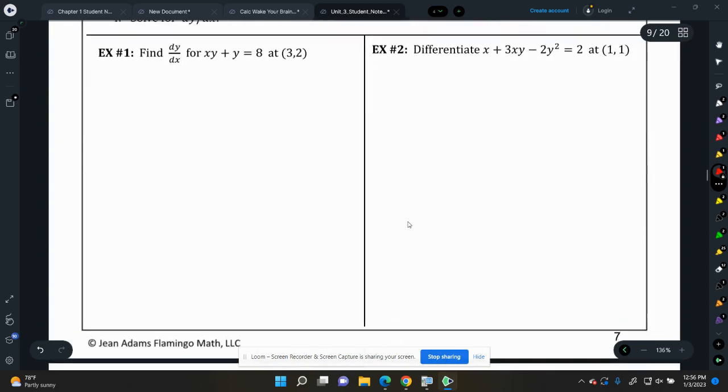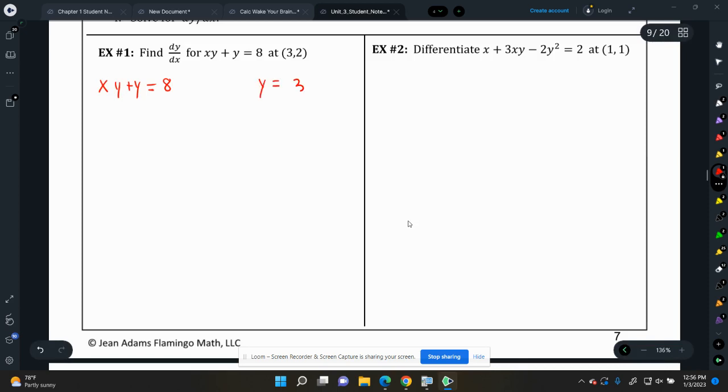So for instance, let's look at this example 1. It's on page 7 of your Unit 3 notes, okay? Find dy dx. So we're going to take the derivative of this function xy plus y equals 8, okay? So in order to take the derivative of this, I'm not going to try to find dy dx.